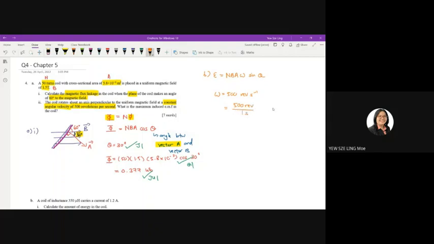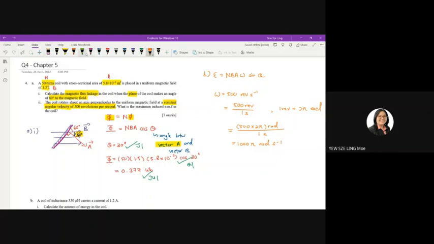Now, 1 revolution equals 2 pi radians. Therefore, 500 revolutions changed into radians equals 500 times 2 pi, and I keep second because second is SI unit. So it equals 1000 pi radians per second. That is the unit conversion for angular velocity.